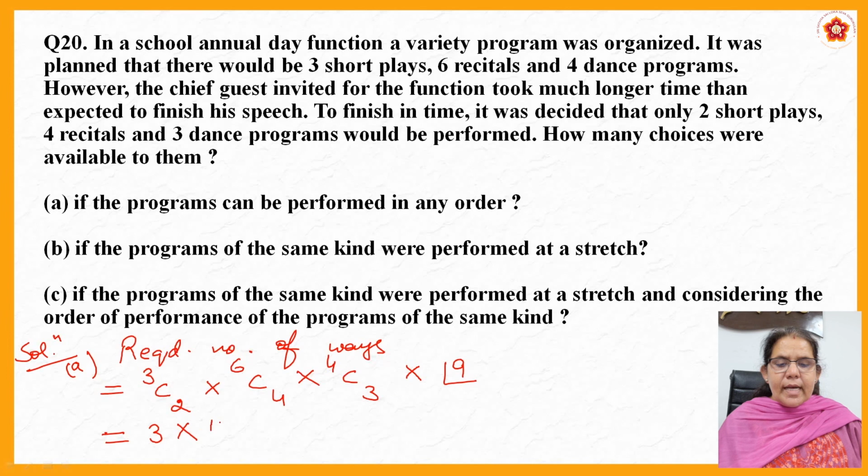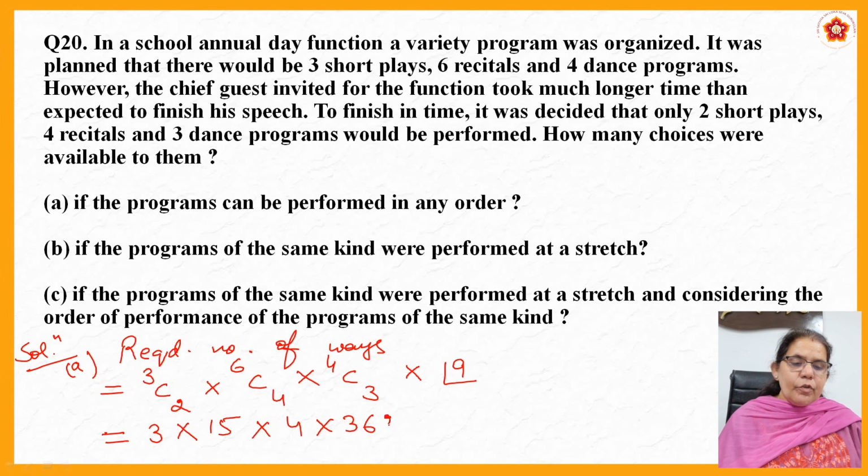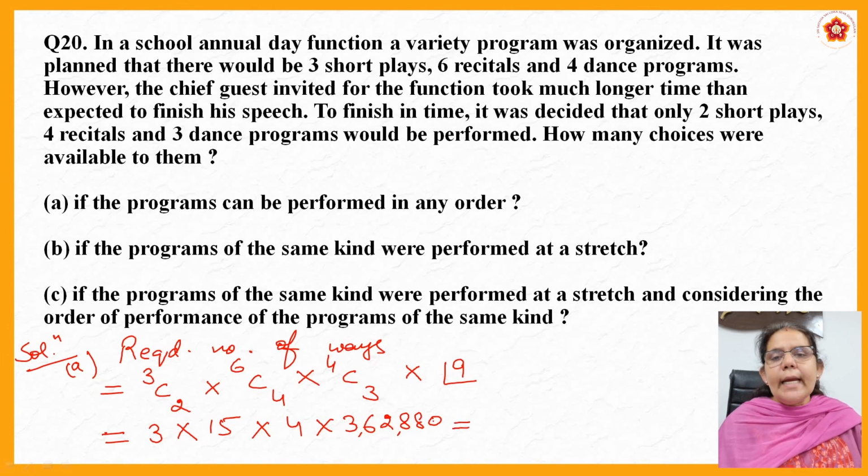3C2 will be written as 3. 6C4 will come out as 15. 4C3 will be 4. And factorial 9, if you solve it, it will come 3,62,880.